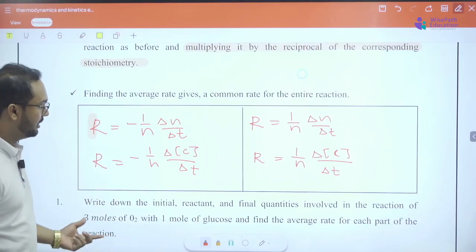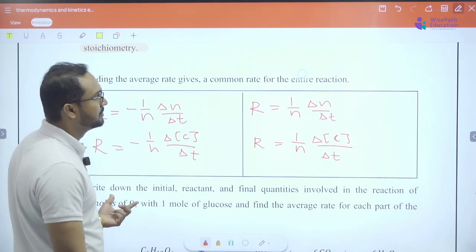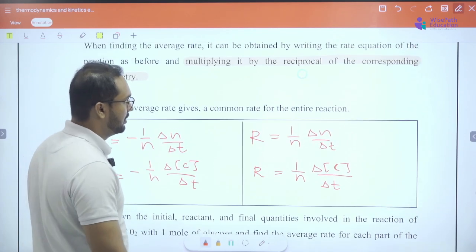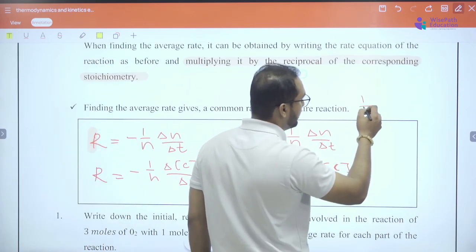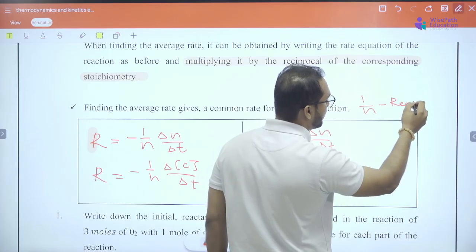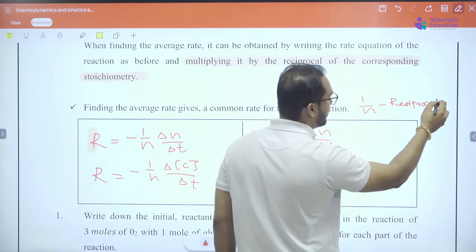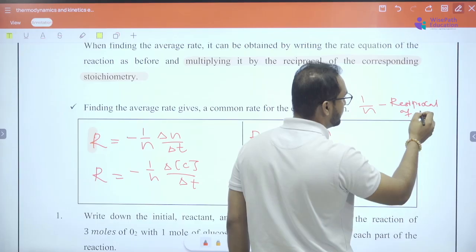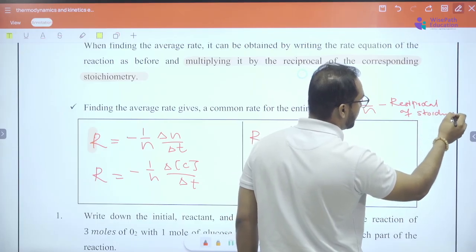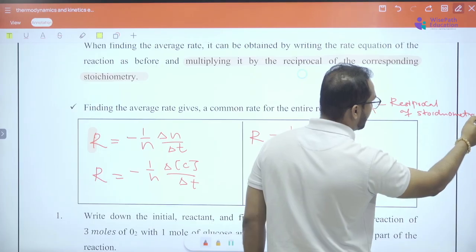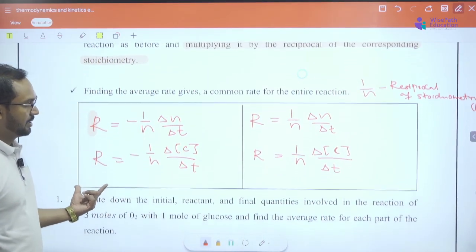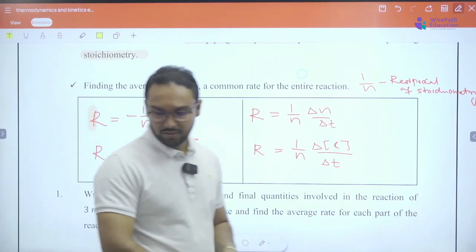You can write here in the bottom or somewhere up here, doesn't matter. 1 over n is the reciprocal of stoichiometry. Yeah, quickly take a quick note.